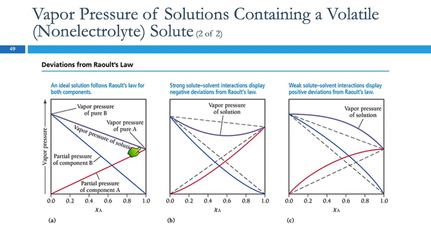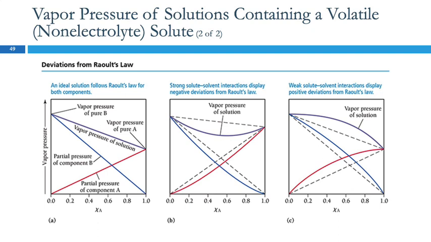We end up here at the vapor pressure of pure A when the mole fraction of A is 1 and the mole fraction of B is 0. So the vapor pressure of the solution is just adding the point on the blue line and the point on the red line, and we get this purple line. So that's what an ideal solution does.